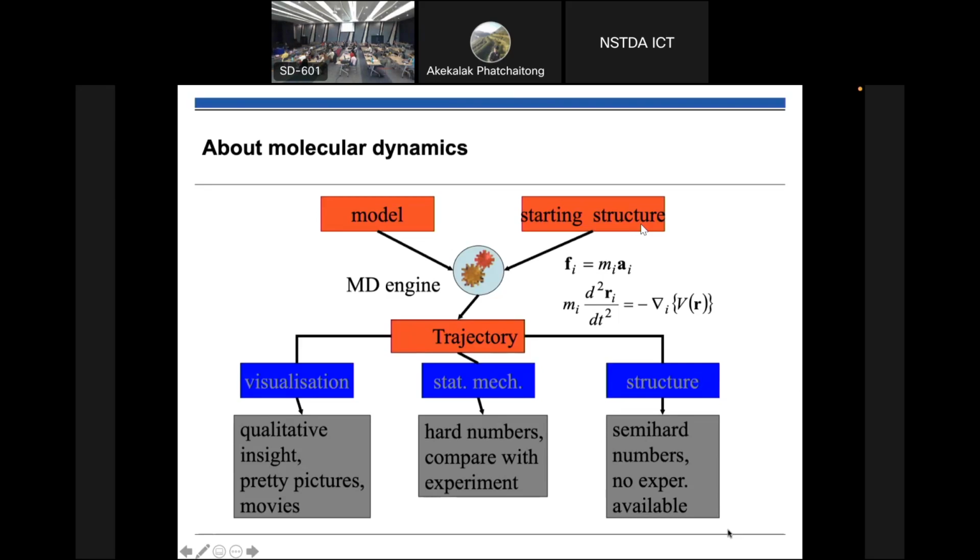Let's say you are simulating water, methanol or ethanol, you would like to understand the density, the melting point, or the thermal conductivity of the system. All these calculations can be done using statistical mechanics, so you use it to get hard numbers from your trajectories.